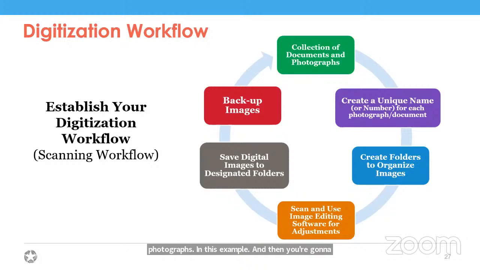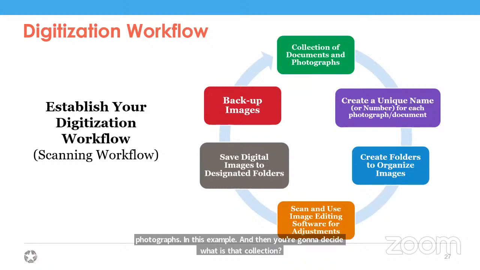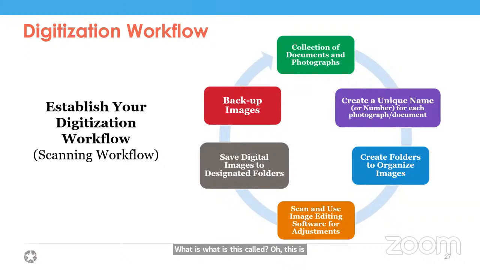What is this called? Oh, this is Aunt Betty's archive, whatever you want to call it. You create that name. That's how you're going to name or number the collection that you're working on. And then you create your folders to organize your images. We'll talk about that in more detail in a moment.